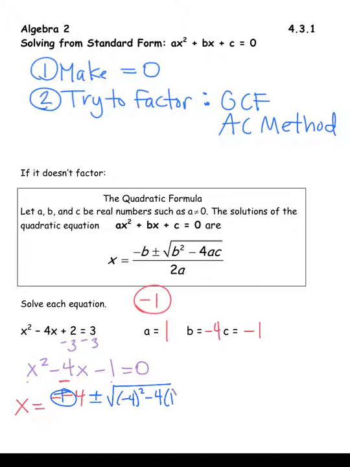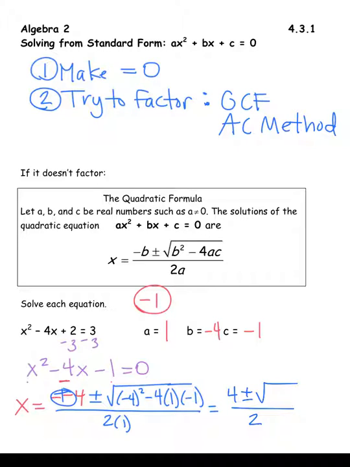Minus 4 times A, which is 1, times C, which is negative 1, all divided by 2 times A, which is 2 times 1. So now I recommend getting this part simplified. We have 4 plus or minus the square root of something divided by 2.